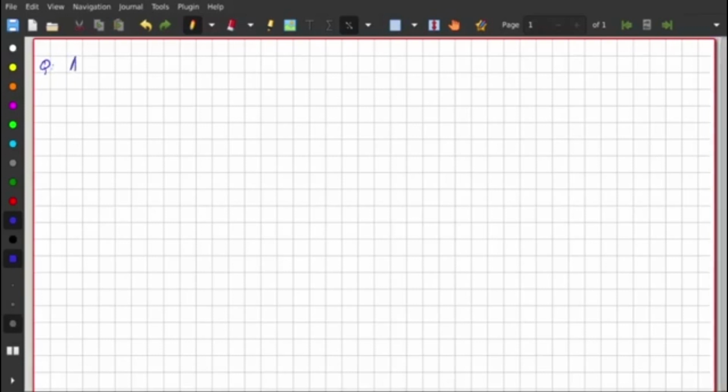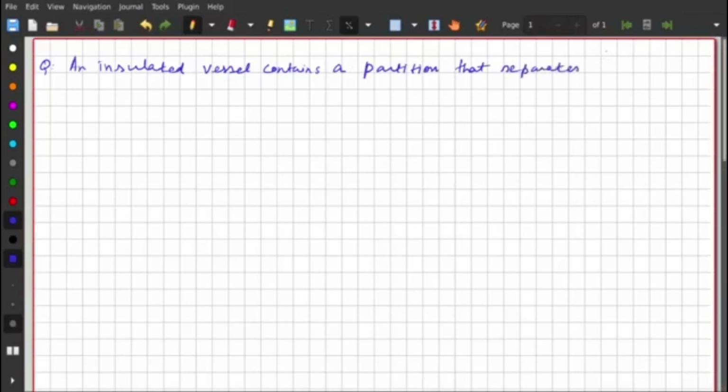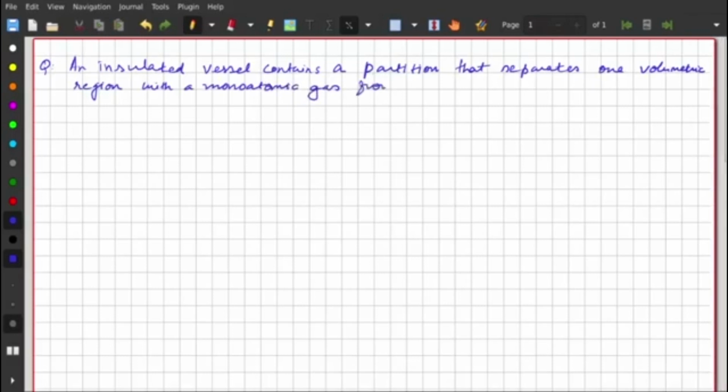So the question is, an insulated vessel contains a partition that separates one volumetric region with a monoatomic gas from another region at vacuum.